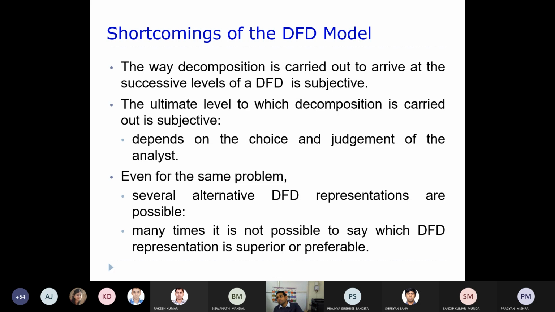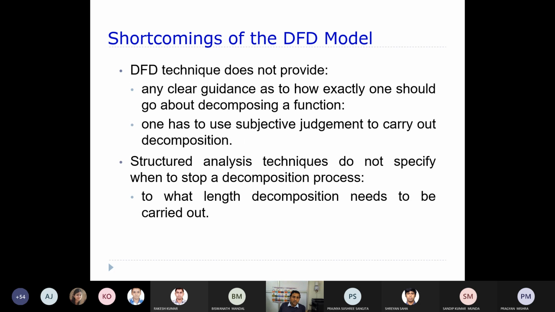If the same problem is given to another analyst, maybe he is going to give you another DFD. This is the way you need to understand it, because it is subjective. So this decomposition is a subjective matter, and that is one disadvantage.